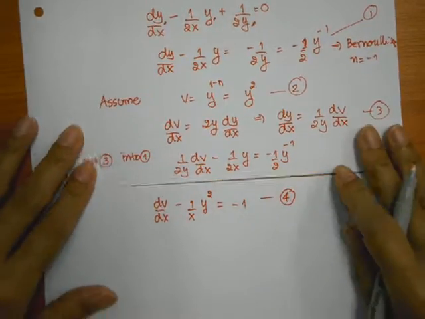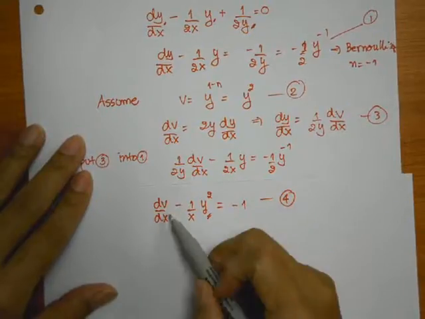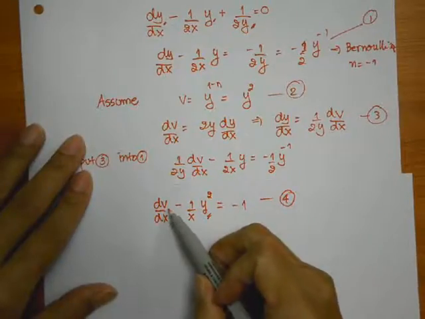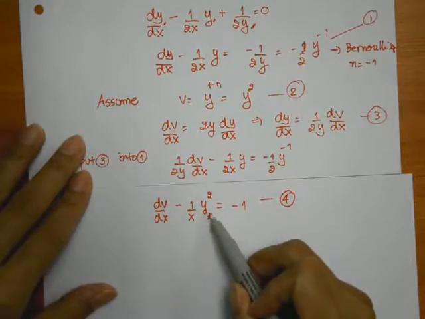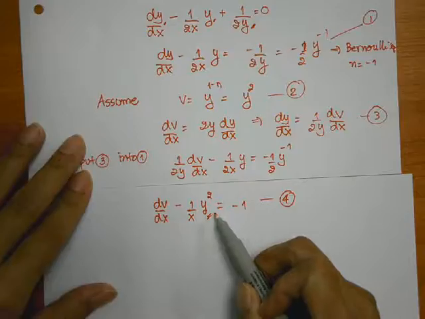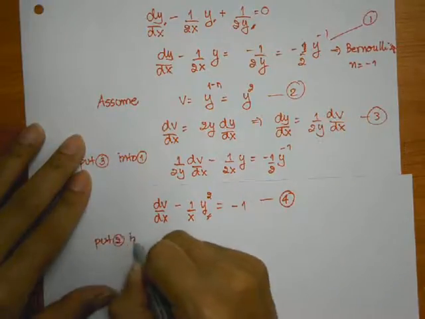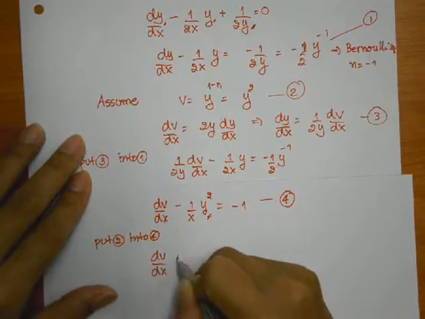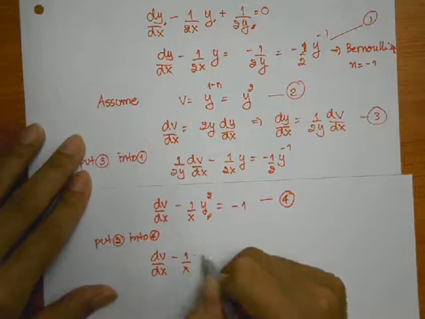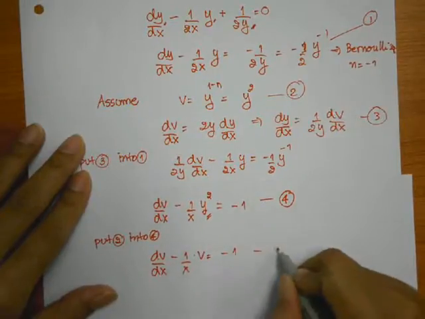In equation 2 you have the term y squared, but now you change y in terms of v by using equation 2. So put 2 into 4. We would get dv by dx minus 1 over x times v equal to -1, which is equation 5.